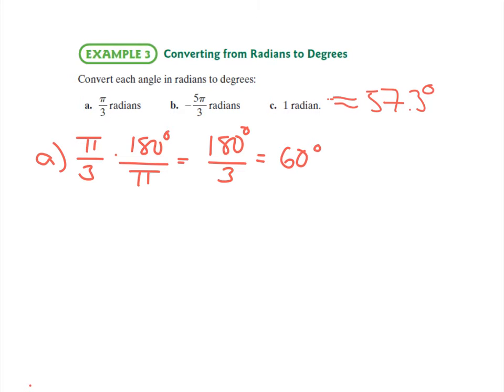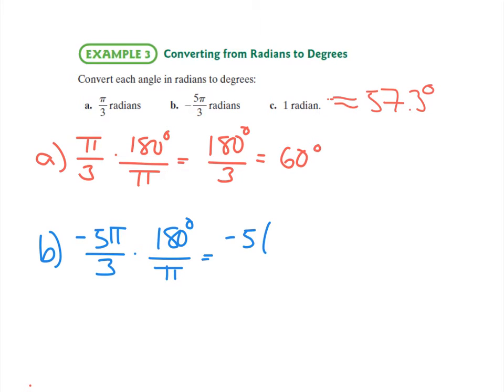For part B, negative 5 pi thirds times, again, 180 degrees over pi. Our pi's cancel, giving us negative 5 times 180 over 3.